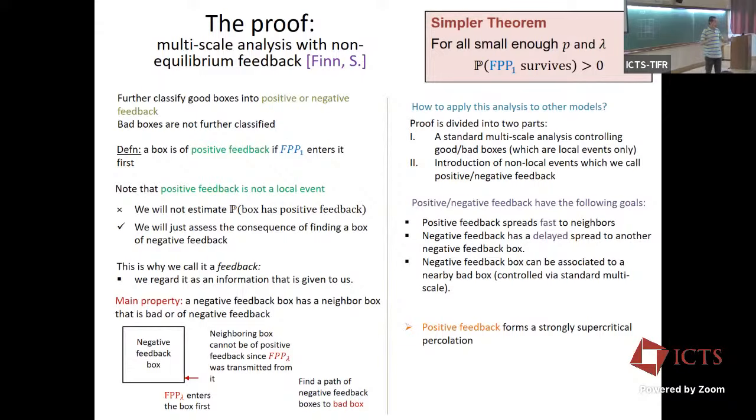So you go for contradiction: if I have a negative feedback box and a negative feedback parent, how could their entrance time be quicker? To be quicker, it needs that FP1 did something, because they are good boxes. And FP1 doing something is what cannot happen, because then it would make the box positive. That's essentially it, but again, it's difficult to say without properly defining what these things are.